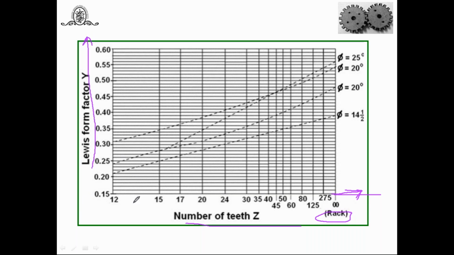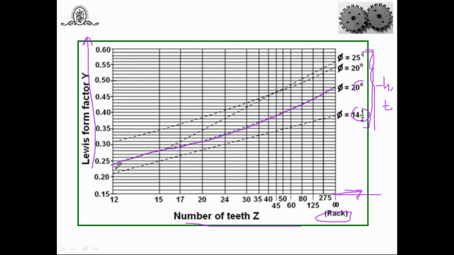So you will find how the Lewis form factor is going to change, as I have discussed earlier. And because of this pressure angle, and this h and t, the thickness and the height of the gear tooth, have a relation with the different involute systems. So look at this, from this graph also you will get the idea. If 20-degree, look at this, phi pressure angle 20-degree.